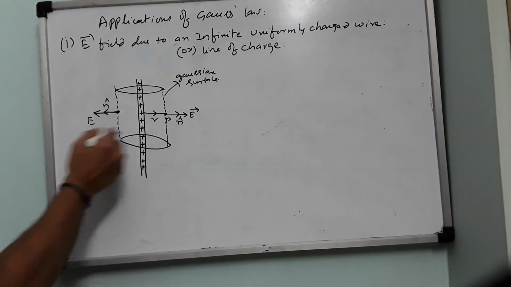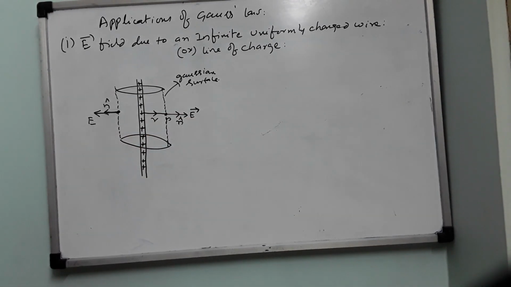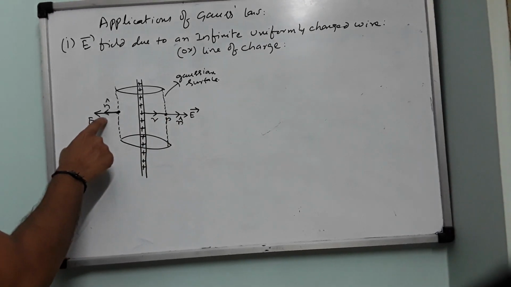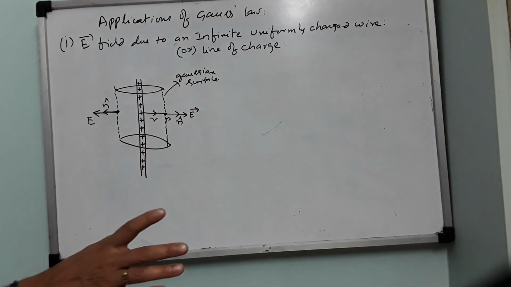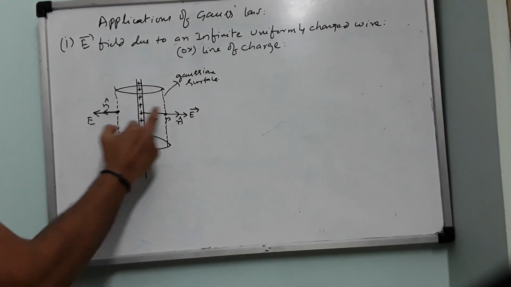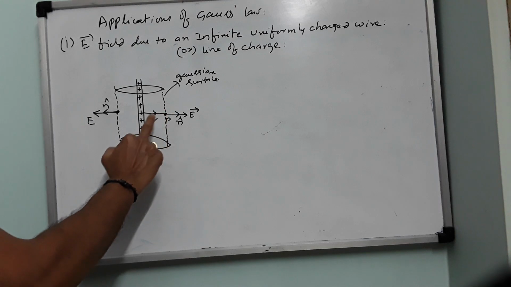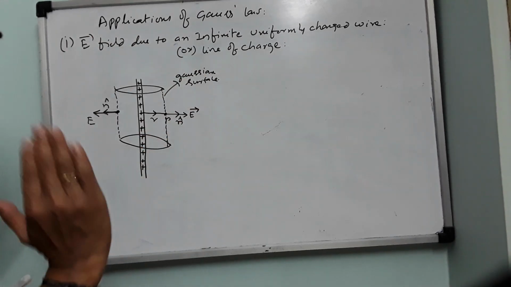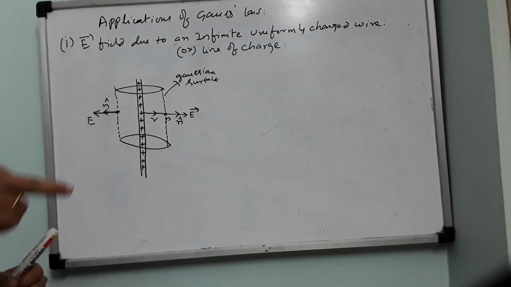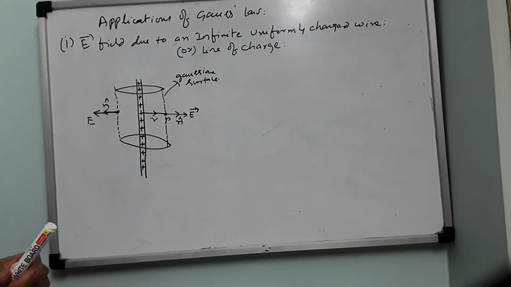So area vector and E vector, both of them are pointing in the same direction. So this will have a flux E into A, this also will have a flux E into A. Flux is a scalar quantity, these two fluxes will be added up. So you have taken only 2 points on the two opposite sides of curved surface, but curved surface is 3-dimensional like this. So there are several points like this, around this. Because of all these points, the flux will be added up.